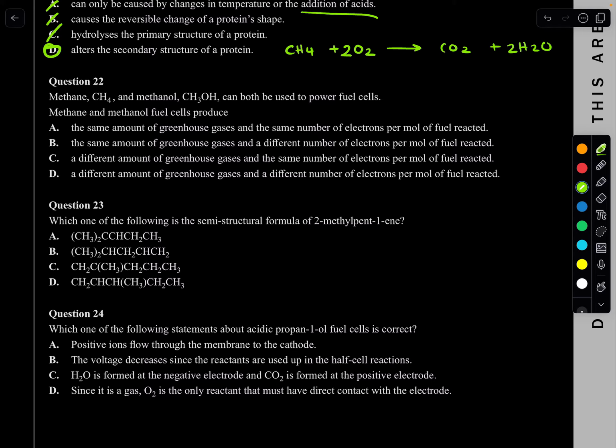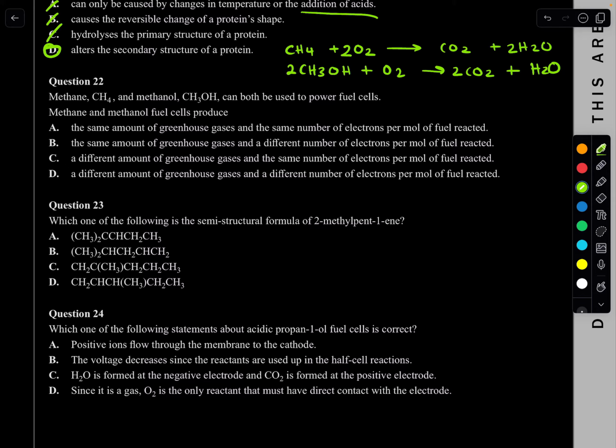And what about methanol? So I know methanol has a 2 in front of it straight away, 2CH3OH, plus oxygen gas, gives CO2 and H2O. All right, what do we see? We have 2 carbons, so we're going to put 2 here. How many hydrogens? We have 4, 8.